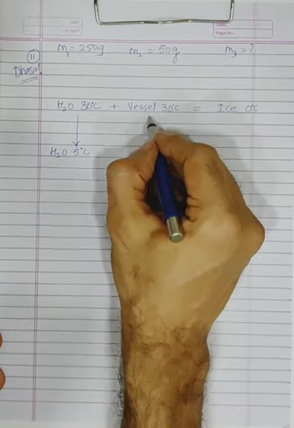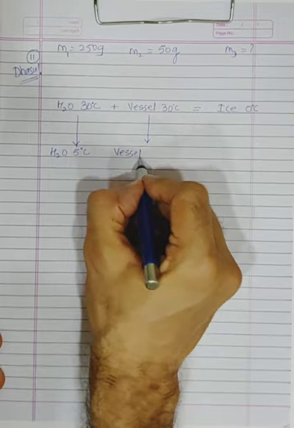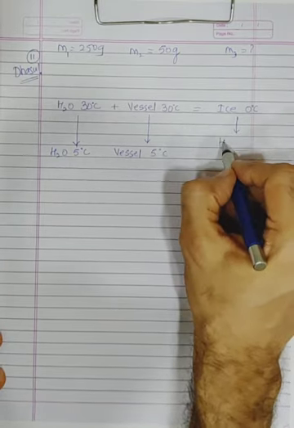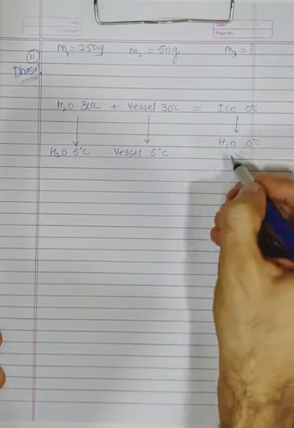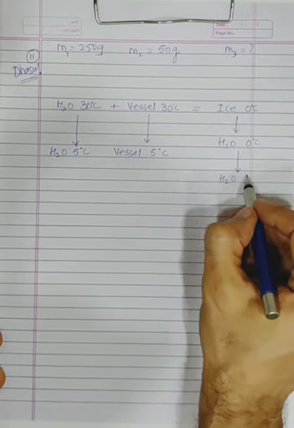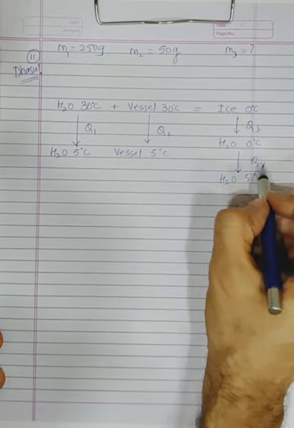Vessel 30 will become what? Vessel at 5 degree. Ice at 0 will become what? Water at 0 degree. Water at 0 will become what? Water at 5 degree. So you've got Q1 plus Q2 is equal to Q3 plus Q4.